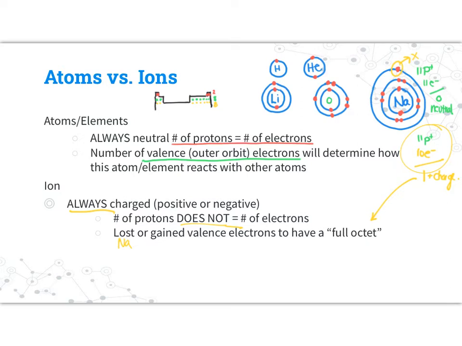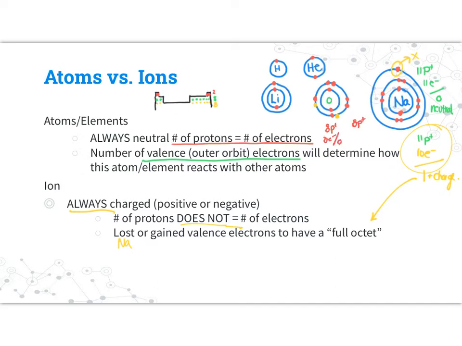So let's take a look at oxygen. We decided that oxygen wouldn't want to kick out all 6 of its valence electrons. It would rather take on 2 extra electrons. So oxygen, remember, had 8 protons. It originally had 8 electrons, and that's what made it neutral.